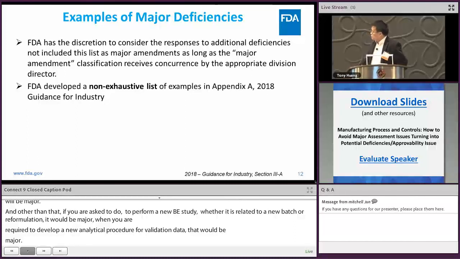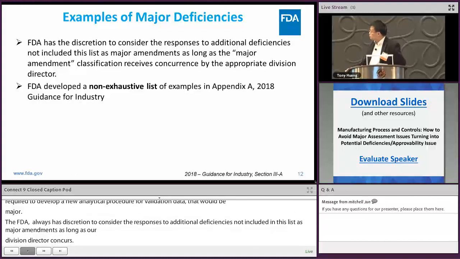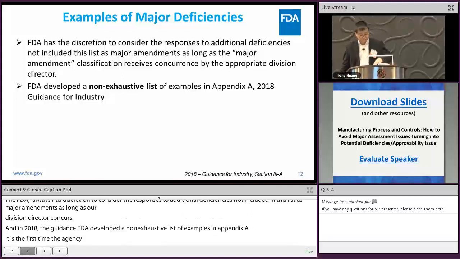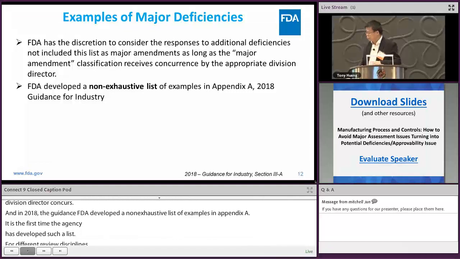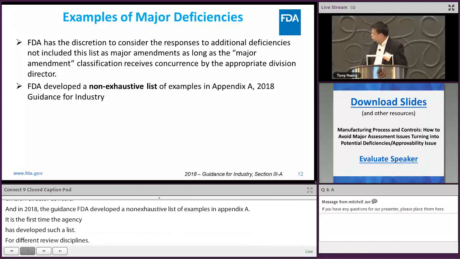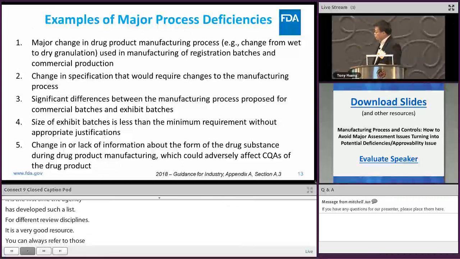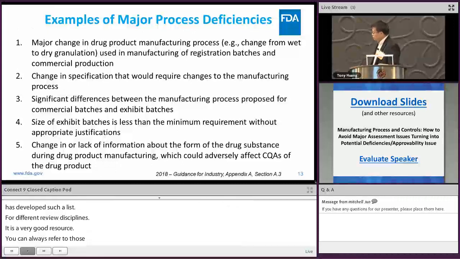And in the 2018 guidance, FDA developed a non-exhaustive list of examples in Appendix A. It's the first time that the agency has developed such a list for different review disciplines. It's a very good resource. You can always refer to those sections, and it covers very well what we found in our review process.